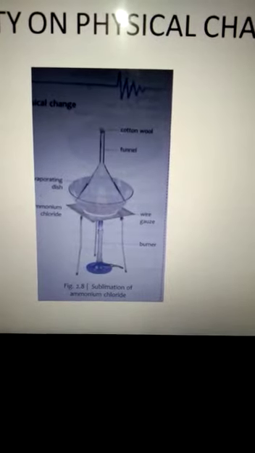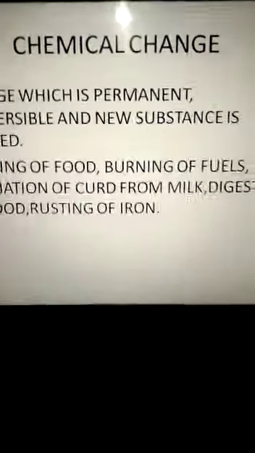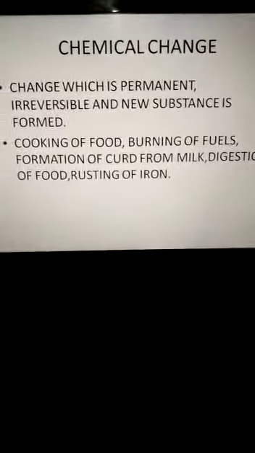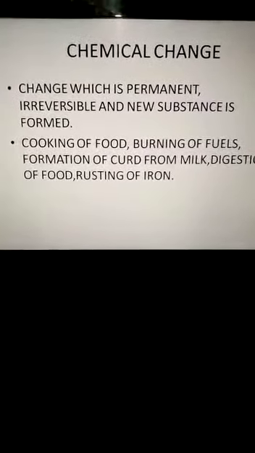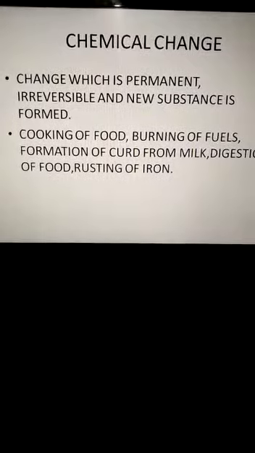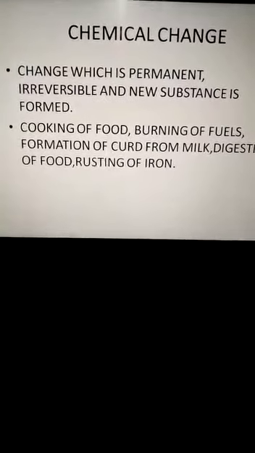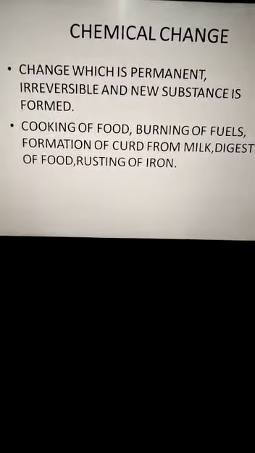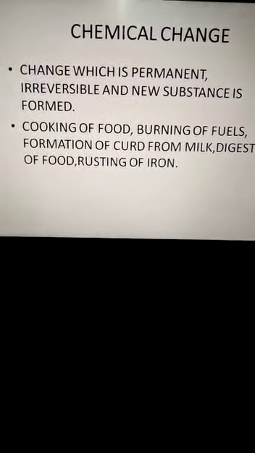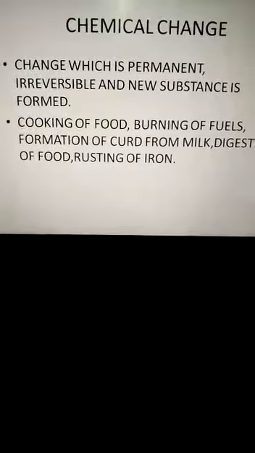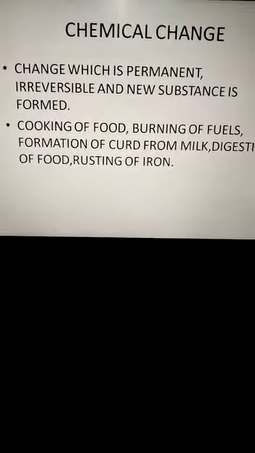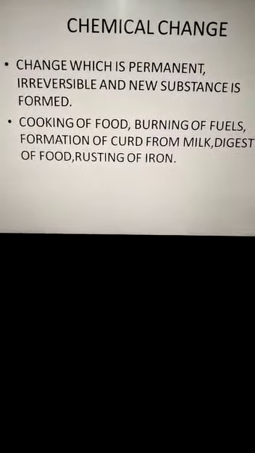example of physical change. Moving on to the next category of change, that is chemical change, which is permanent, irreversible, and in which a new substance is formed. Whenever the change occurs, a new substance is formed, and that cannot be returned back to the original substance, so the change is permanent.